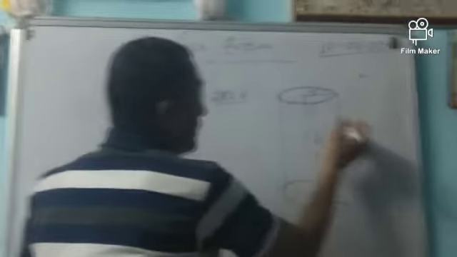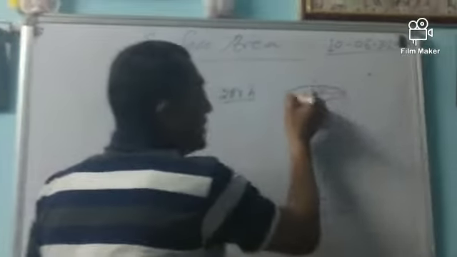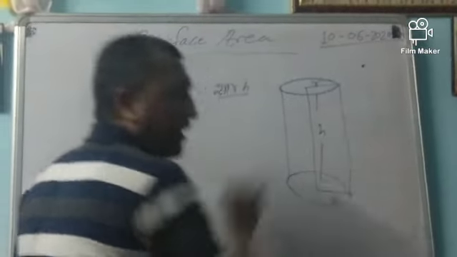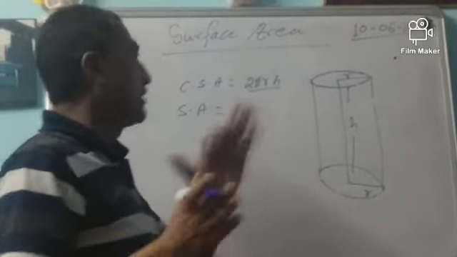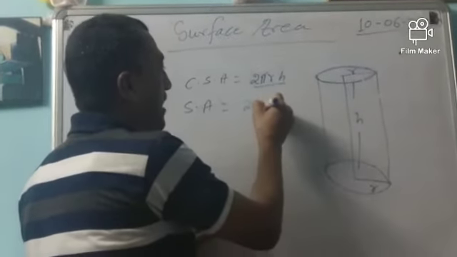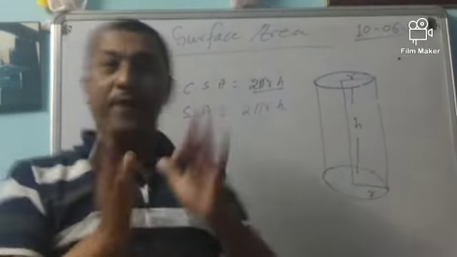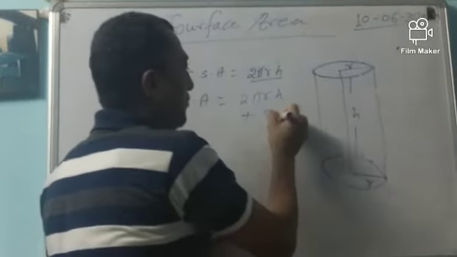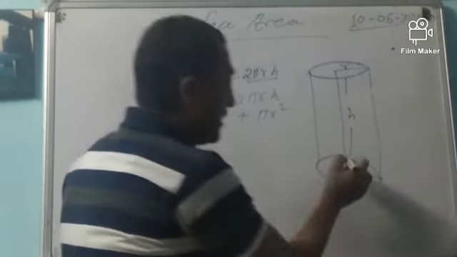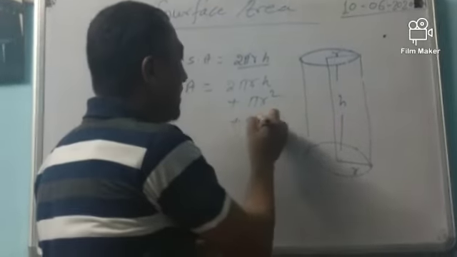Then to the curved surface area, we have to include this circle area and this circle area. It is called the total surface area. So 2 pi RH plus the area of a circle, which we know is pi r square. Again this circle area is pi r square.